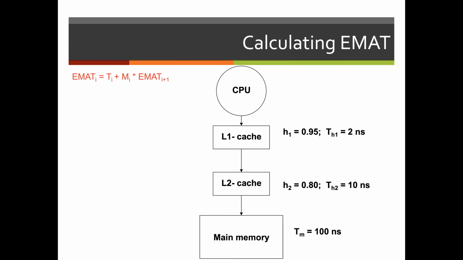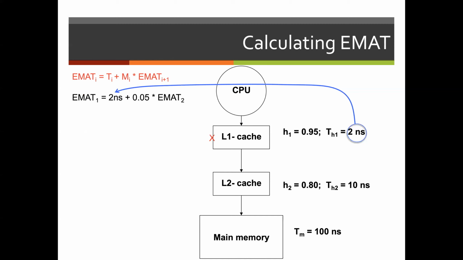For accessing L1 cache, we'll consider the access time plus the miss ratio, which is 1 minus the hit rate, so that's 0.05 times the effective access time for L2.